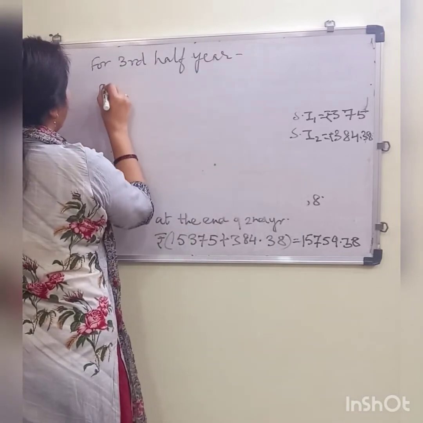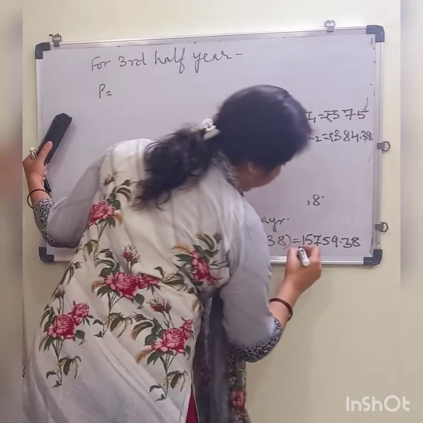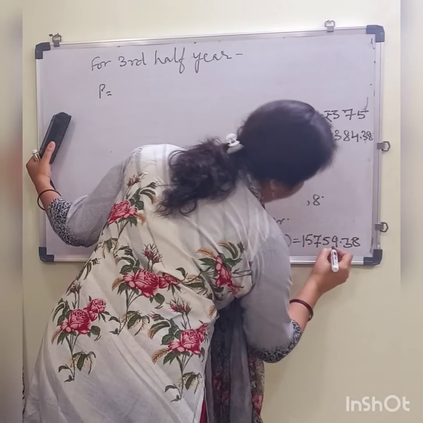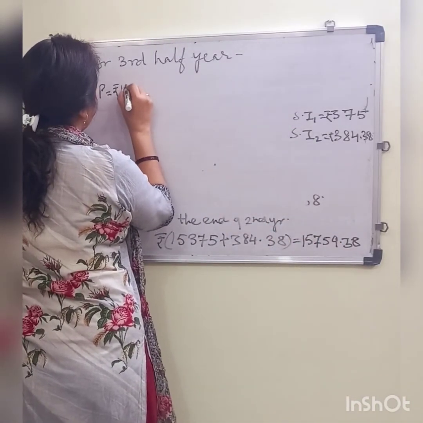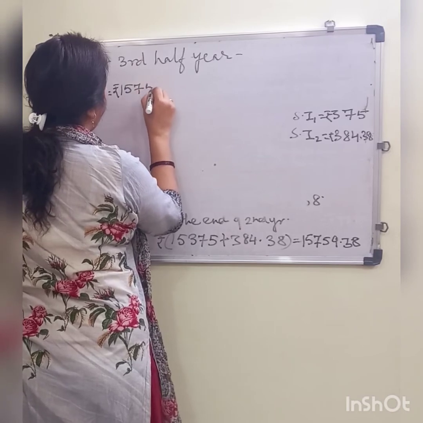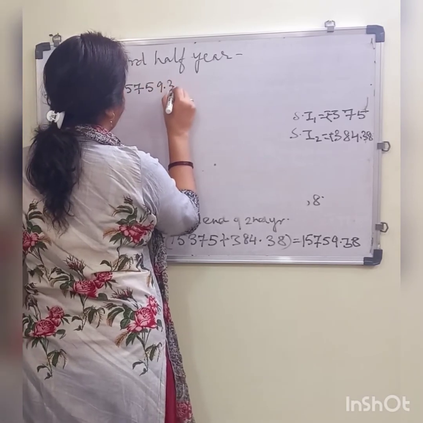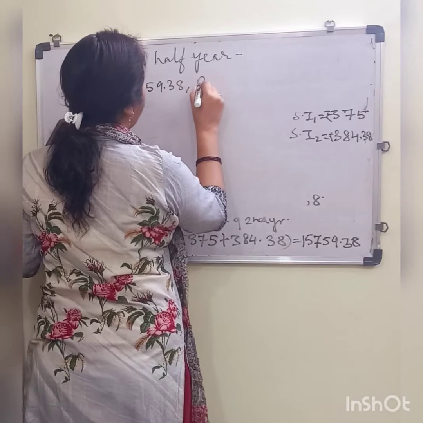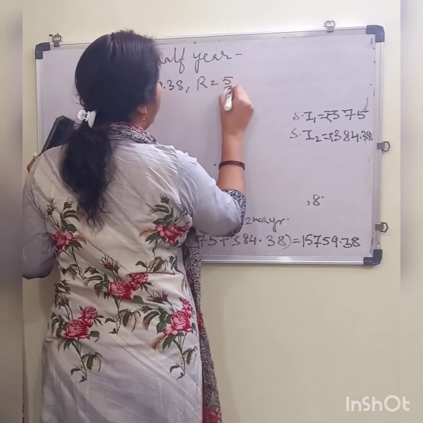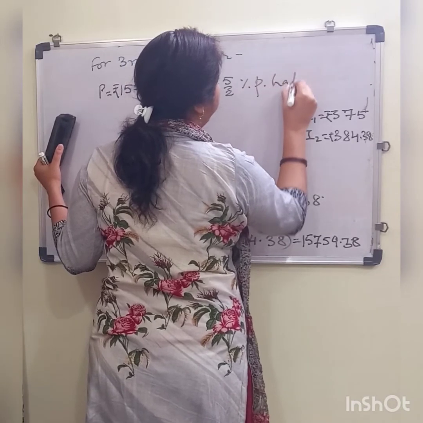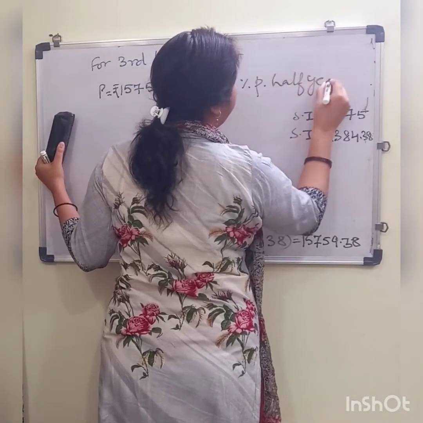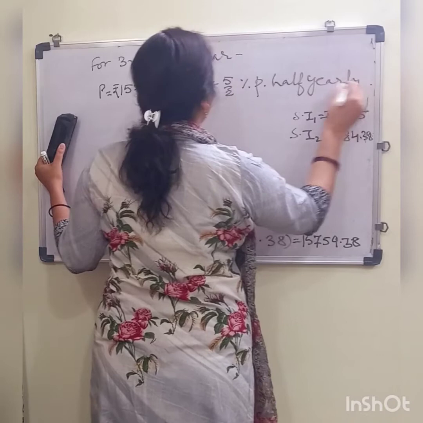Your principal is rupees, how much we have obtained? 15,759.38. Rate is as it is, 5/2% per half yearly. टाइम 1 ही पुट करेंगे.